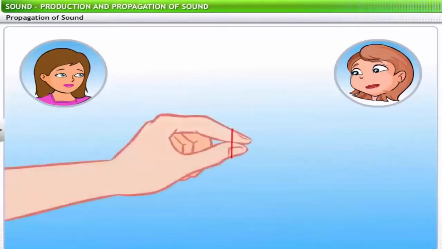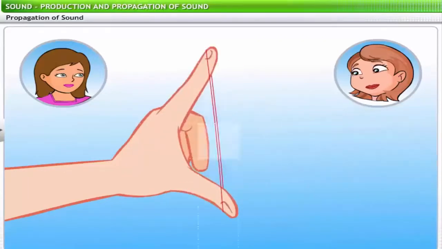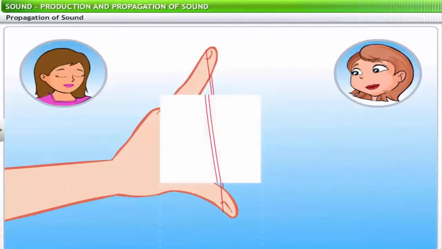Now, let's see. What happens when we stretch a rubber band and pluck it in the middle? The air particles of the medium, which are in contact with the vibrating rubber band, that is, the source of sound, are first displaced from their state of rest. These displaced air particles displace their neighboring particles and then come back to rest in their original positions.